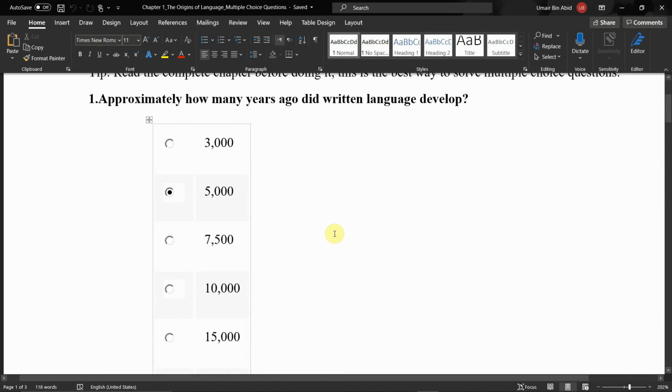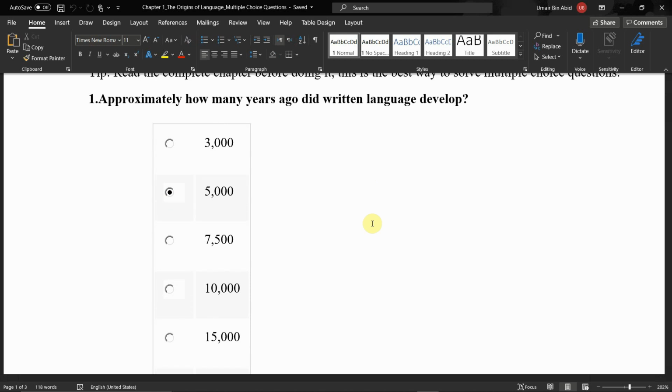All right. Now, just as information, a good MCQ is always one which can distract the learner, which can distract the reader.